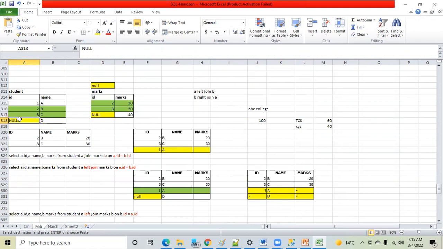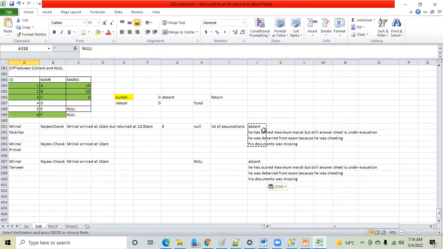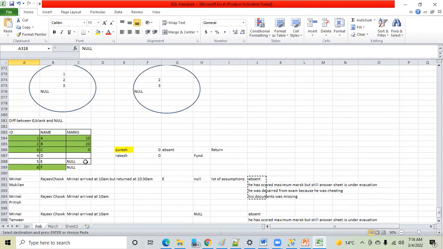You can say okay, null is equal to null, this is fulfilling this matching condition, right? Have you ever thought of this, why SQL is not fetching the result? So guys, this is the reason null is having a lot of assumptions and you cannot compare it. This is the difference between 0, blank and null. Hope this is clear.